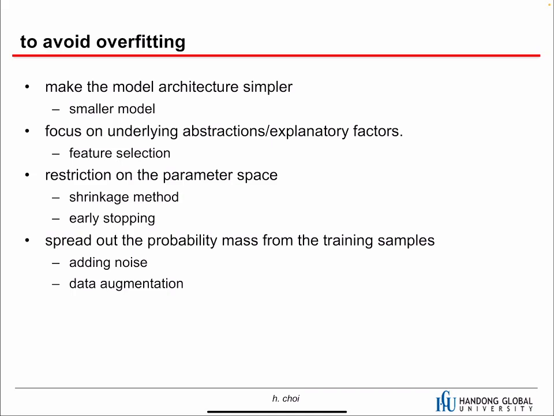And if we add some noise, then we actually spread out the probability mass over the data manifold. Or we can think of data augmentation. Okay, basically we just make the data manifold smooth. That's another way to avoid overfitting.